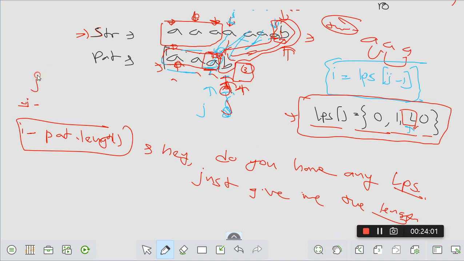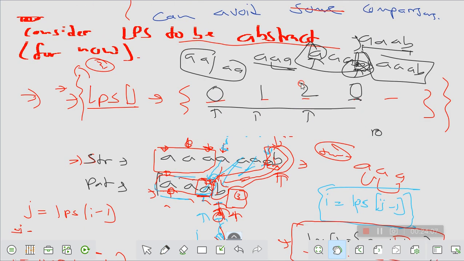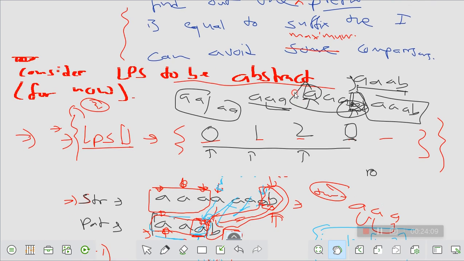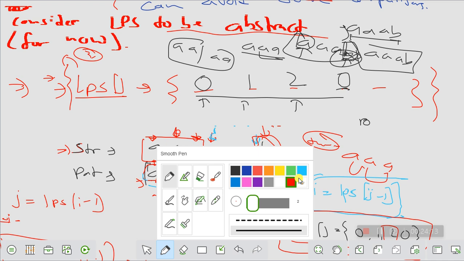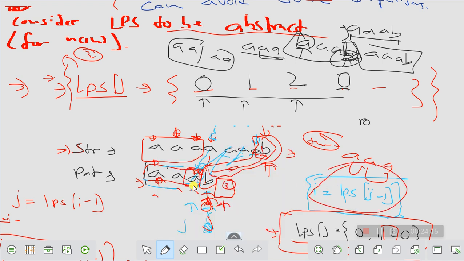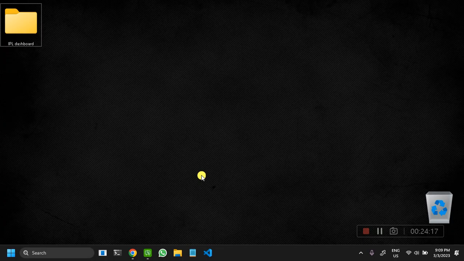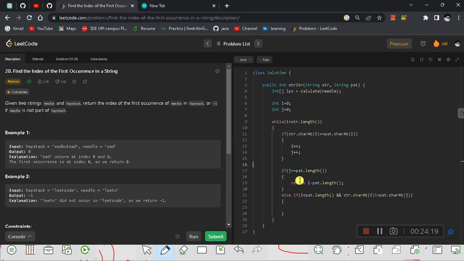So j is going to be equal to LPS of j minus 1, and this is something I have already written here, you can see that.